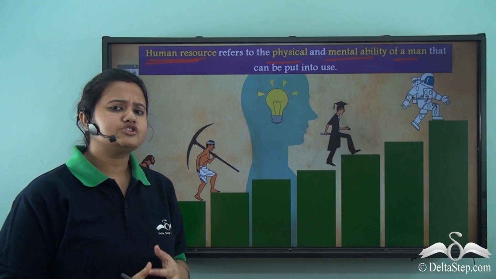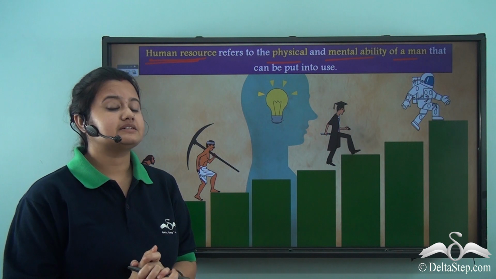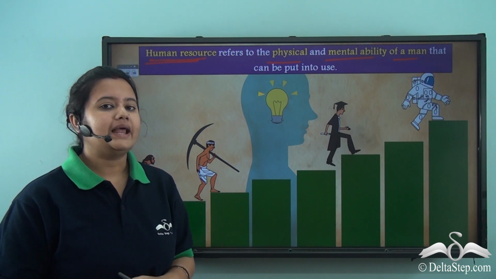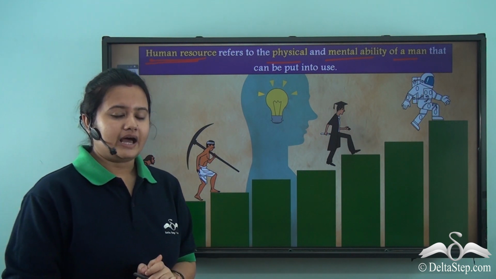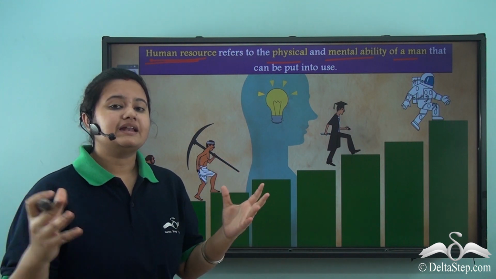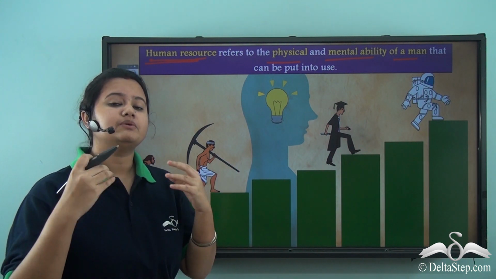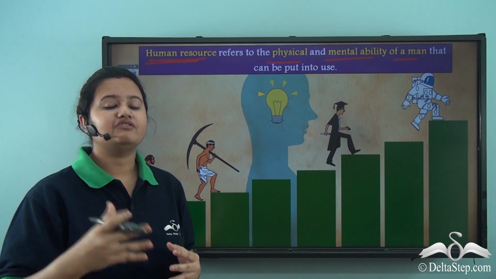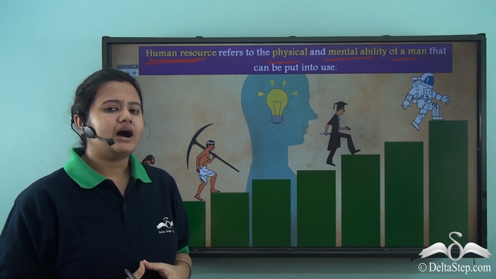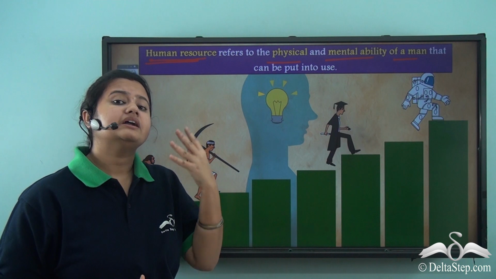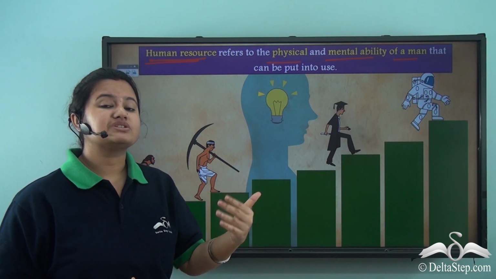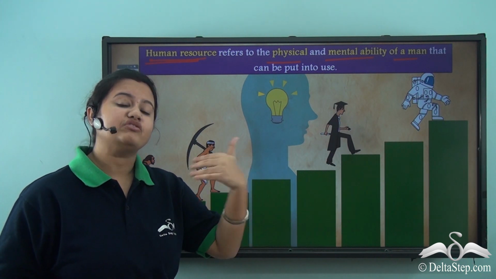Now you must be wondering why human beings are considered a resource. Well, let me tell you that there are many natural things which are available to us as well as to other living beings, say animals. But can you tell me, are animals able to use these natural resources the way we do?